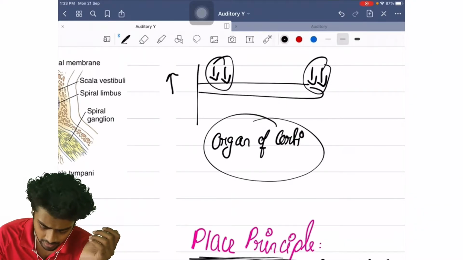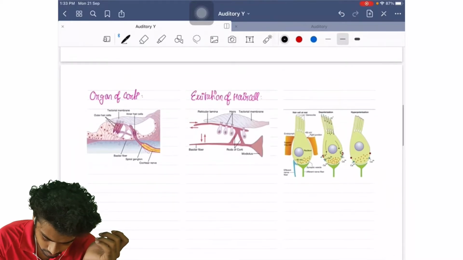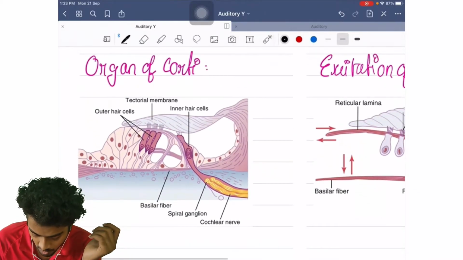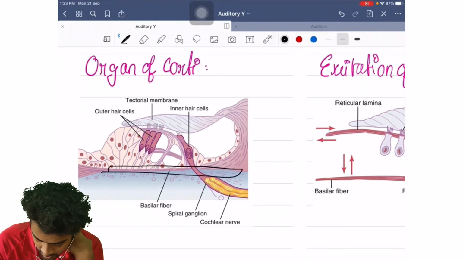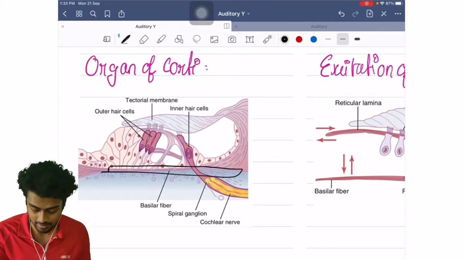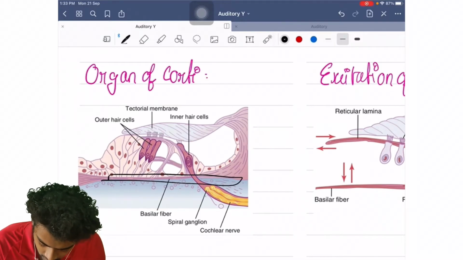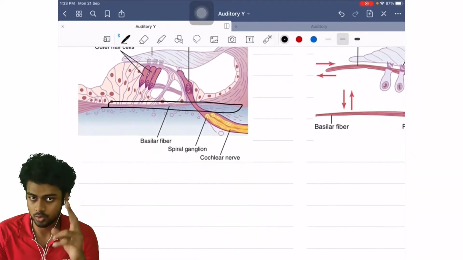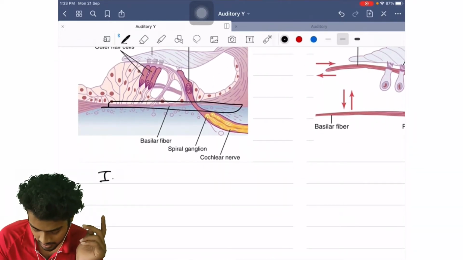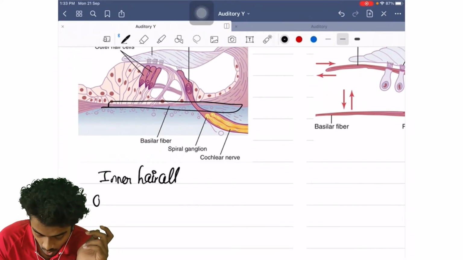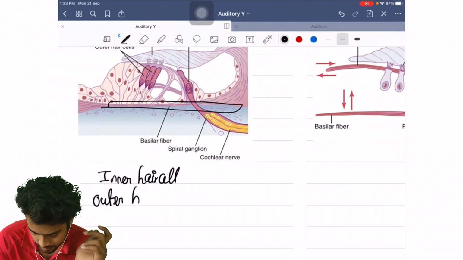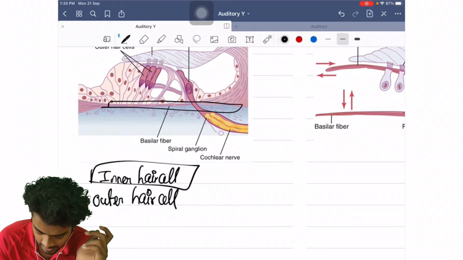Speaking of the organ of Corti, this is the arrangement of the organ of Corti. This is the basilar membrane, where the organ of Corti rests, and the organ of Corti consists of 2 types of hair cells, inner hair cells and outer hair cells.